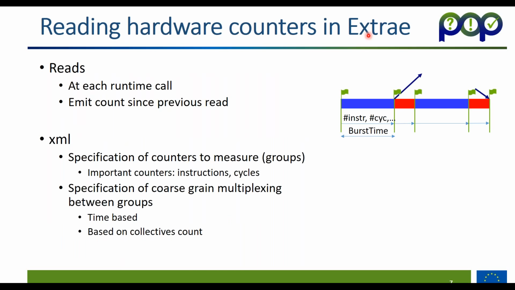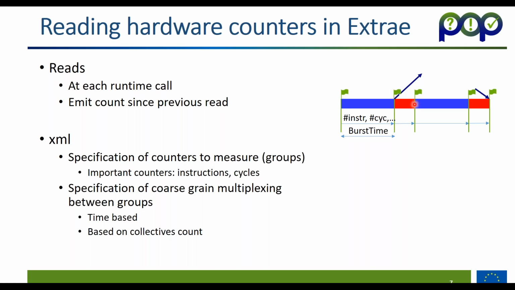Our tracing package is called Extrae, and actually it intercepts all entries and exits of MPI calls or OpenMP calls or hybrid. And so it intercepts entries and exits to the runtime, and at each of these, it reads the hardware counters, which essentially gives you the actual amount of instructions or the actual amount of cycles or cache misses in the interval between the previous exit of an MPI call to the entry of the next one.